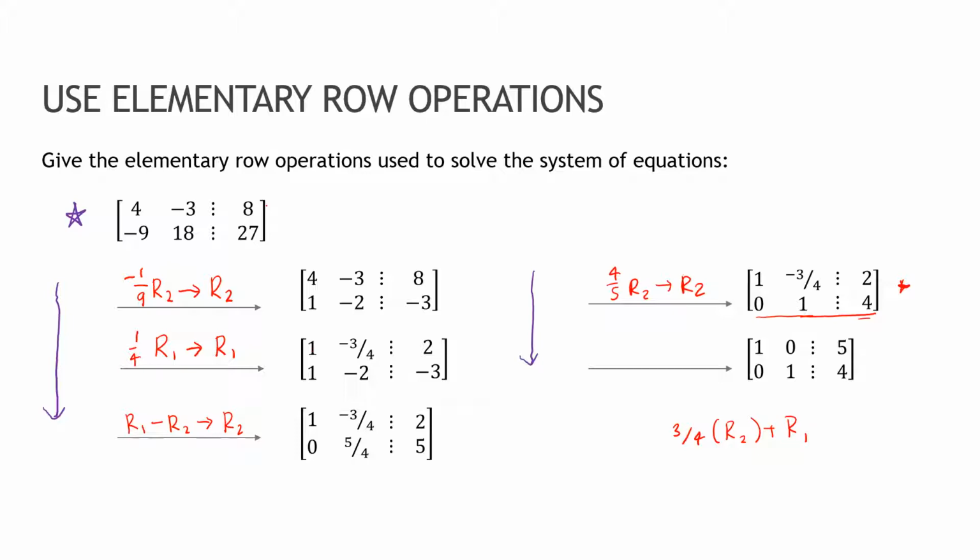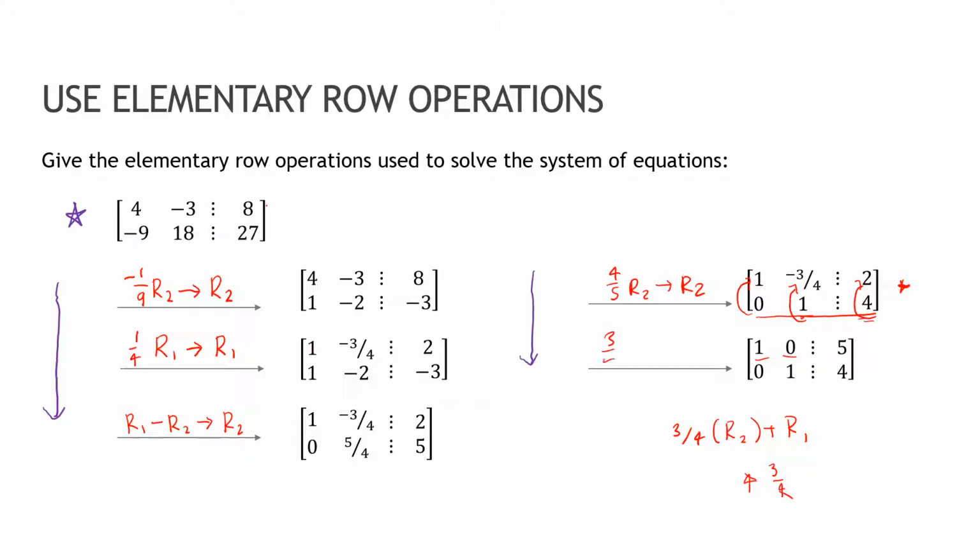So let's just see if that's what I did. If I took 0 times 3/4 and added it to 1, I would still get 1. If I took 1 times 3/4, that would be 3/4. If I added it to -3/4, I get 0. And if I took 4 times 3/4, I ended up with 3. I added that to 2 to get 5.